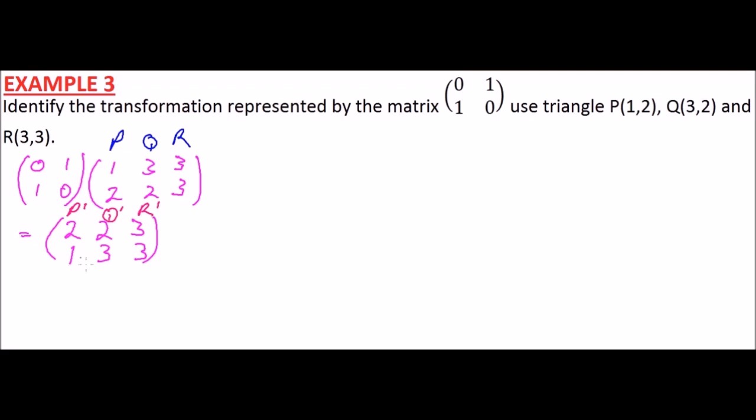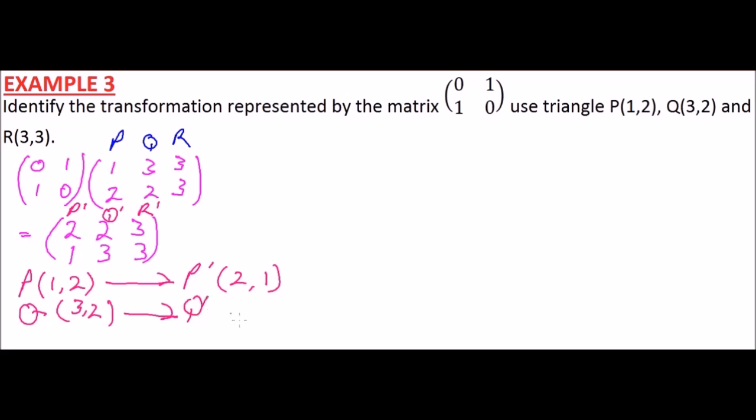This means that the transformation that has taken place, we had our P, which has coordinates 1, 2. It is transformed to P prime, 2, 1. Then we have our Q, whose coordinates are 3, 2. It is transformed to Q prime, whose coordinates are 2 and 3.